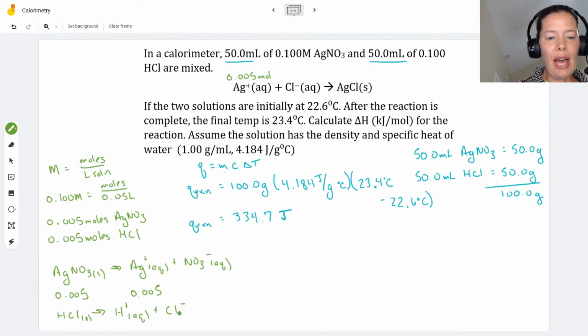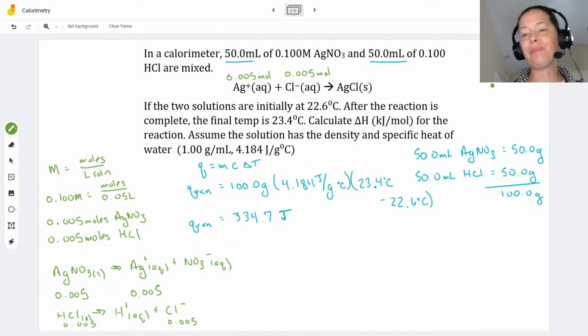Again, I'm going to have to really squeeze this in down here, if I have 0.005 moles of hydrochloric acid, I'm going to get the same number of moles of chloride ions. Again, it's a 1-to-1 ratio, which means this is also 0.005 moles.